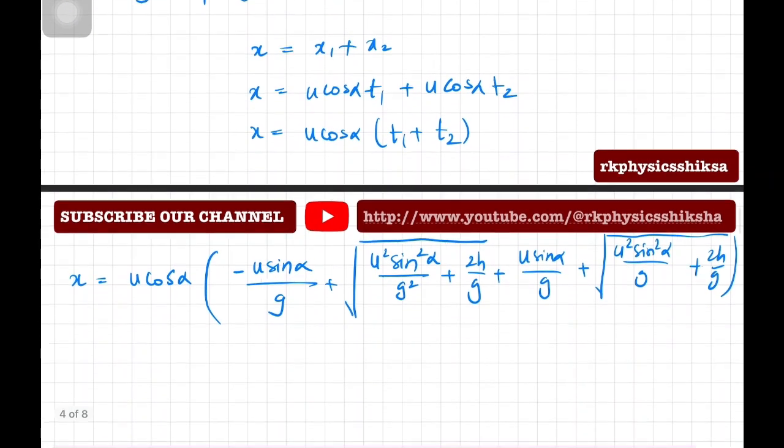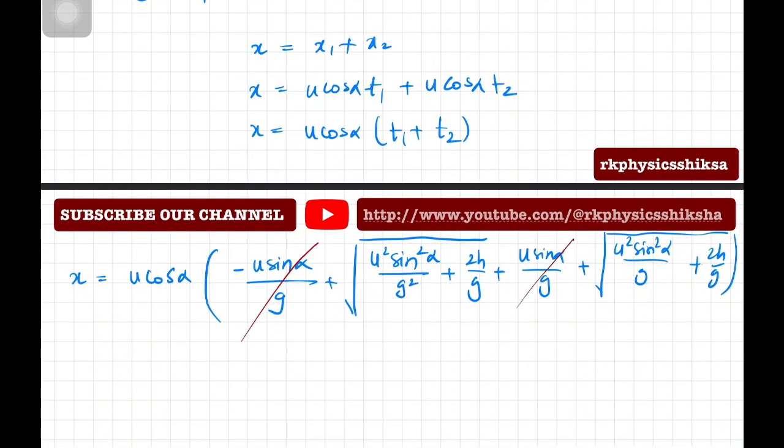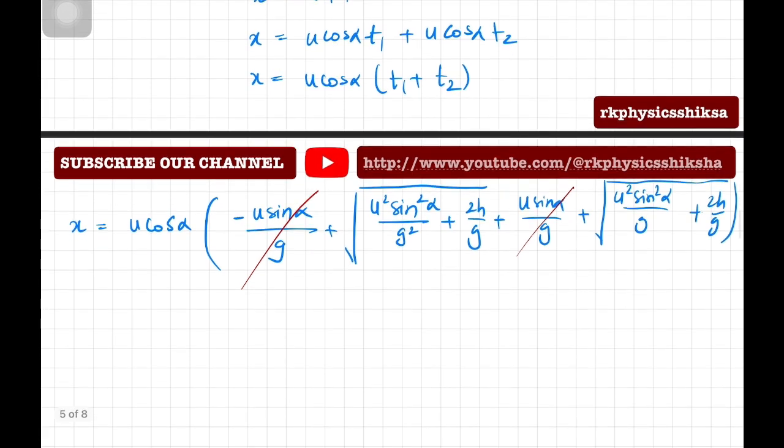Here I can cancel out the u sine alpha by g terms, minus u sine alpha by g and plus u sine alpha by g, and I'll remain with x equal to u cos alpha into 2 times the root of u square sine square alpha by g square plus 2h by g.